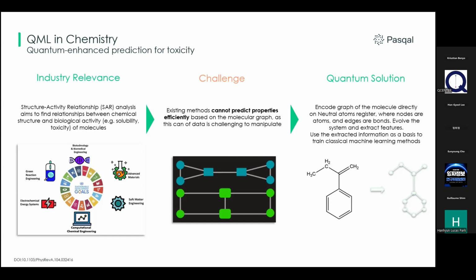These techniques have proven quite efficient, but still they can be quite time-consuming because they typically rely on a lot of quantum chemical or molecular computations to train, to create the models themselves.